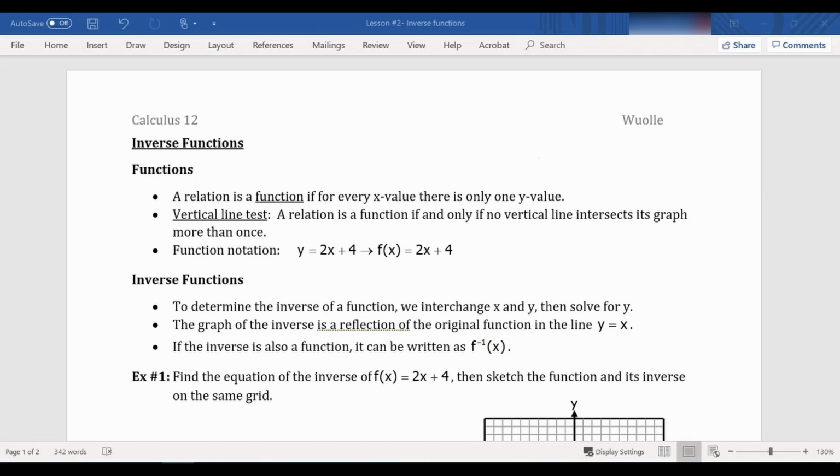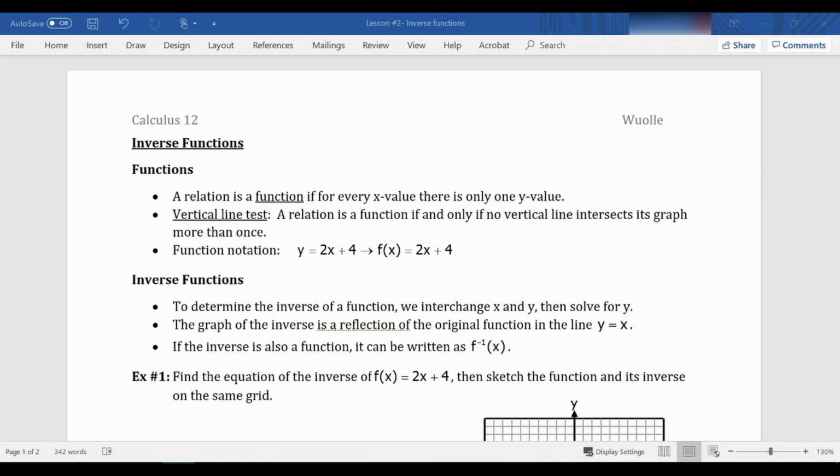So a few reminders. A relation is a function if for every x value there is only one y value. So for every input, there's only one output. In grade 10, you learned about the vertical line test, which was if you have a graph and you draw a vertical line and it only crosses your graph once, then you have a function.